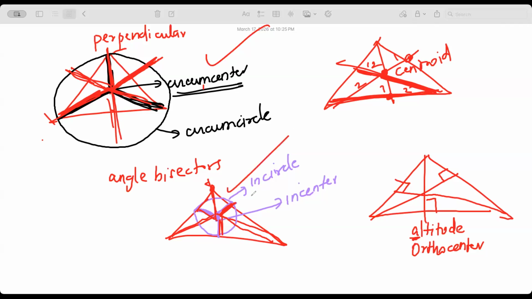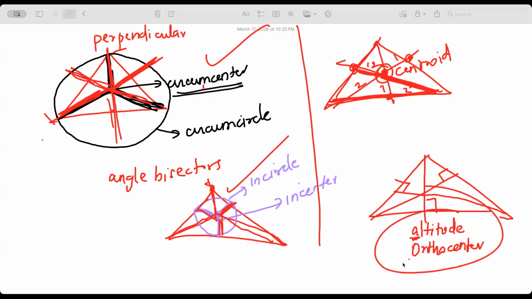This is very easy. Circumcenter, incenter. Then median means midpoint, so that is why it's called the centroid. Median, midpoint, centroid, center. Altitude, orthocenter sound the same. Got it. Anything else?